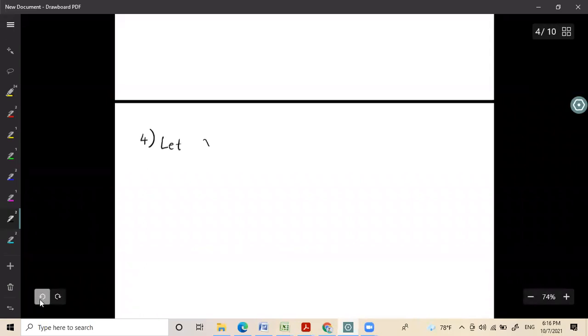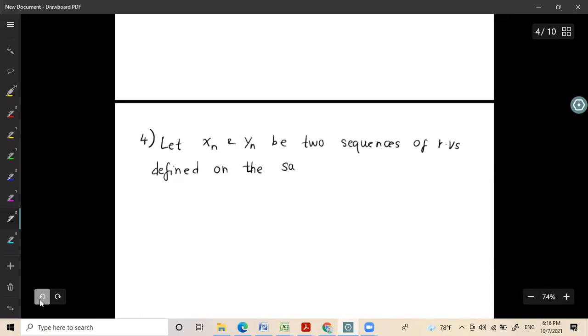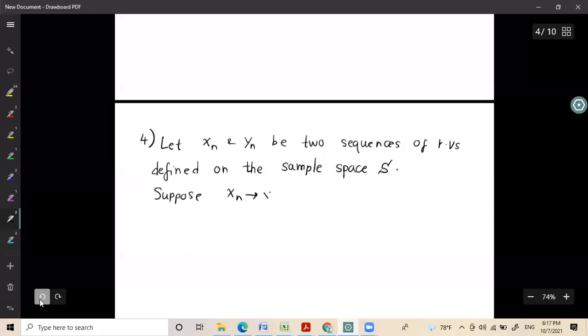Now suppose xn and yn. Now you have two sequences of random variables defined on some sample space, the same sample space shared by both xn and yn. And it is given that xn goes to x in probability and yn goes to y in probability.